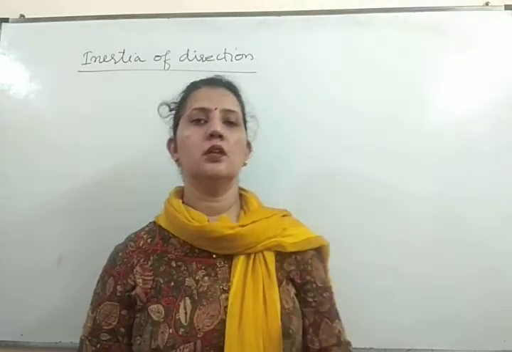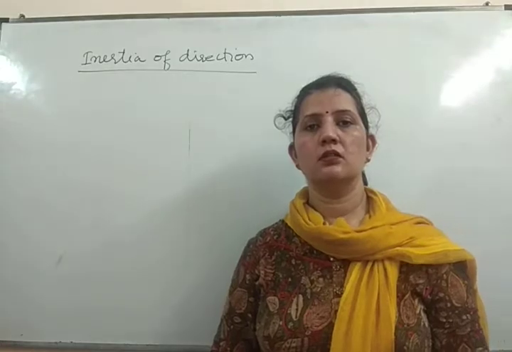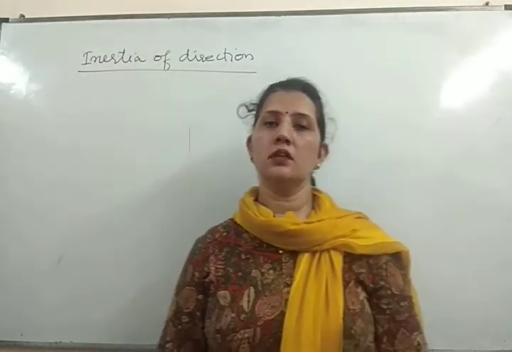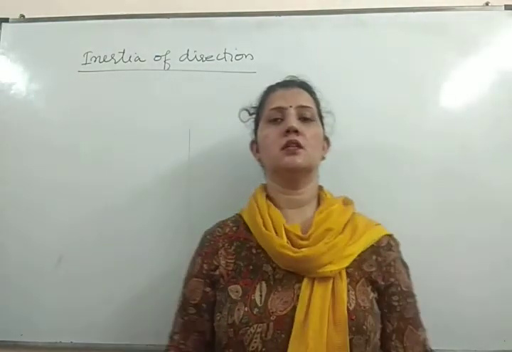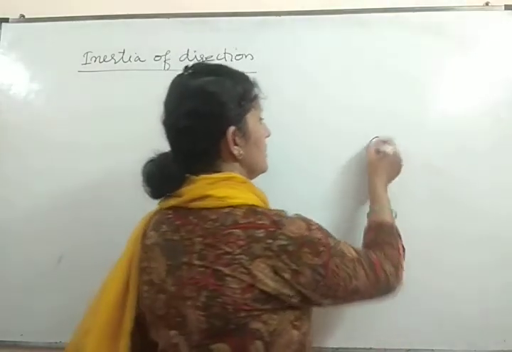First of all, you will analyze a few daily life examples of inertia of direction. Many times you have observed that in the rainy season, if a vehicle does not have a mud guard with the tires, what is happening there? The mud moves along the tangent of the tire.